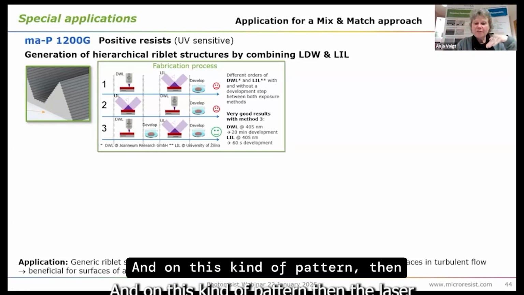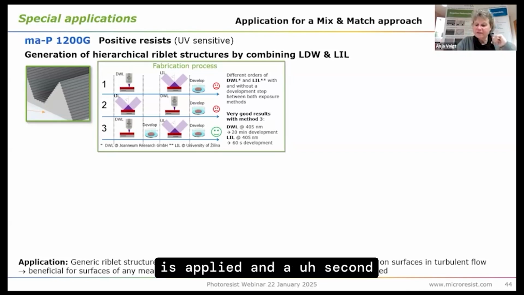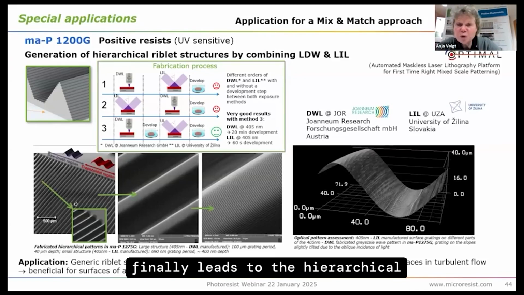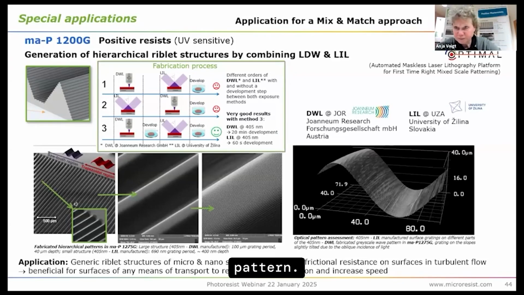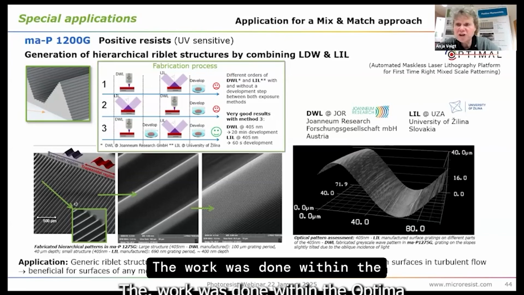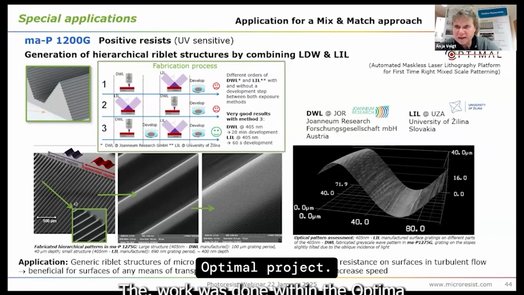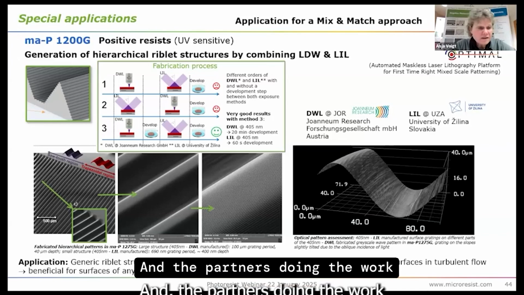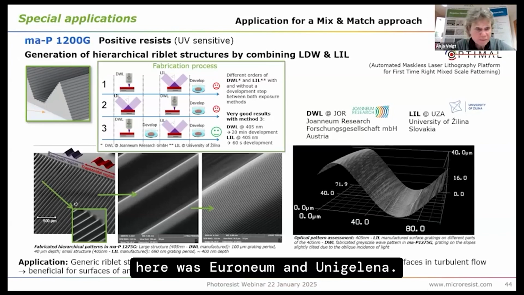On this pattern, the laser interference lithography is then applied, and a second development step finally leads to the hierarchical pattern. The work was done within the Optimal project. More information can be found on the homepage. And the partners doing the work here were Joanneum and Uni Jena.